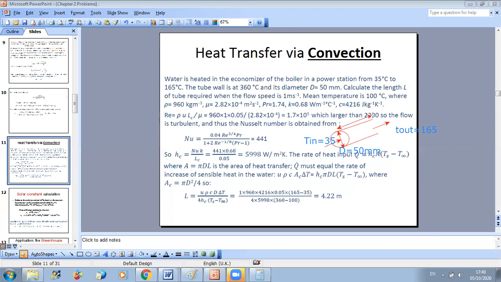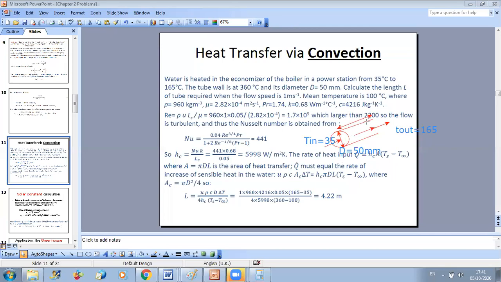So first here, how should we think? What is happening here? Why do we have heat transfer between what and what? Between the temperature of the surface and the inner liquid. Very good. So we have a fluid in motion inside a tube, and as it is moving, it is absorbing heat due to the high surface temperature.